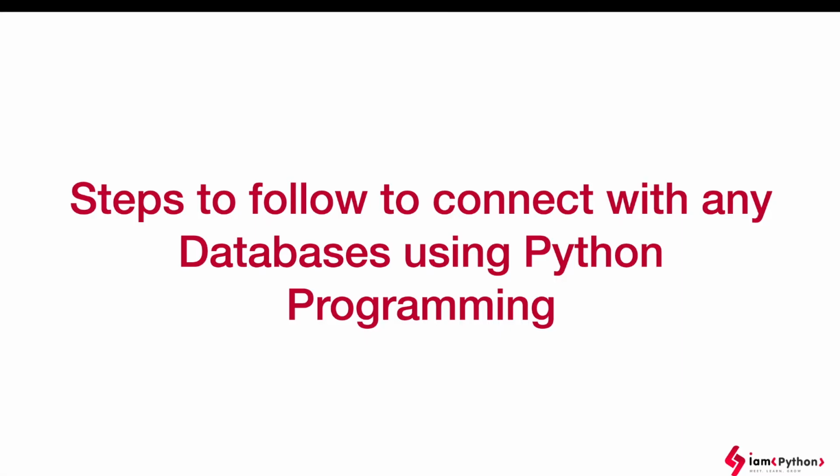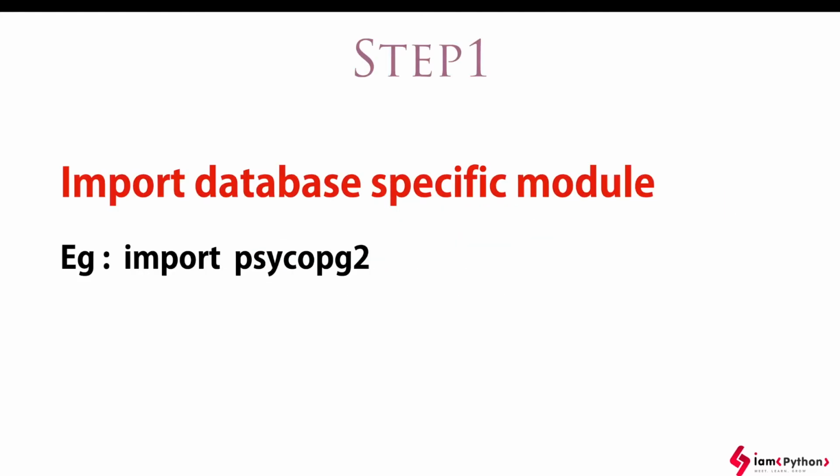So, the steps to follow to connect with any database using Python programming, which is very important, and these steps we actually use in every database when you are connecting. So let's get into them one by one. The first step is to import the database-specific module, and this is the first statement we need to write, because every database has different drivers.